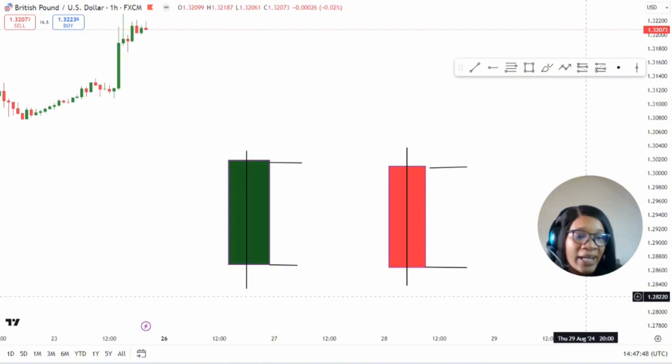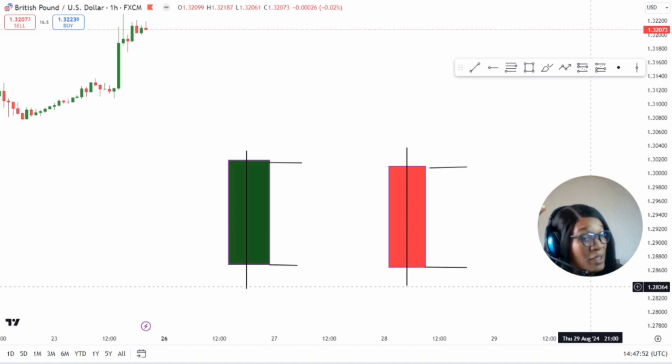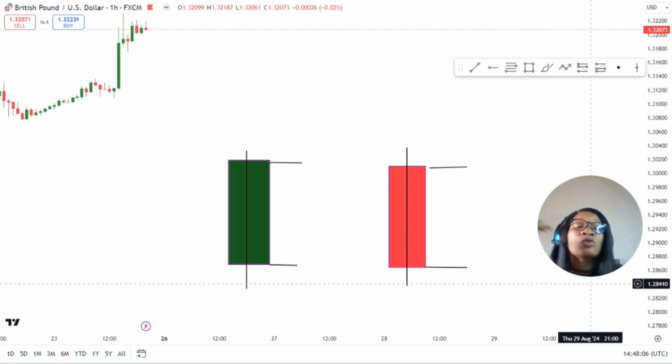And here is the lowest point price went to. I'm looking at the bearish candlestick now, the red candlestick. It is the lowest point that price went to, which is 1.28384. Okay, that is the lowest that price went to throughout the activities that happened within that 1 hour.